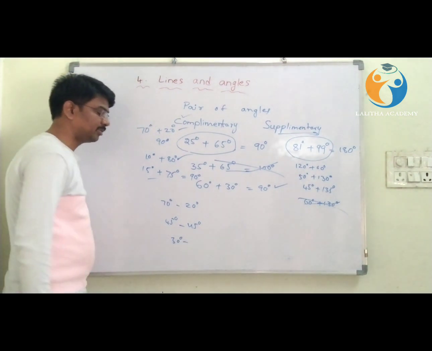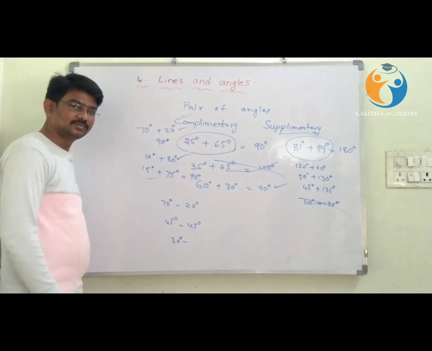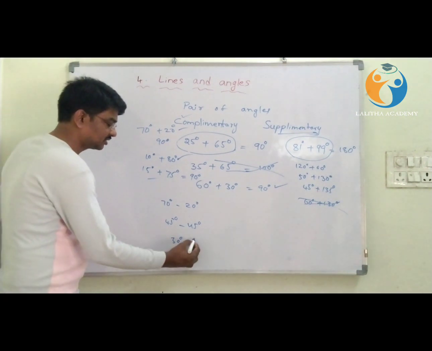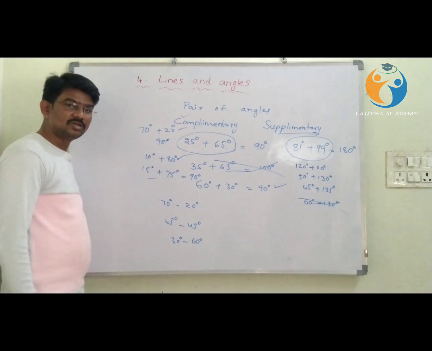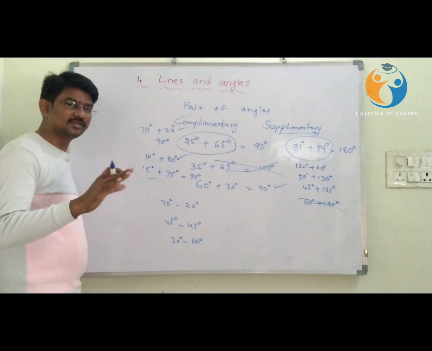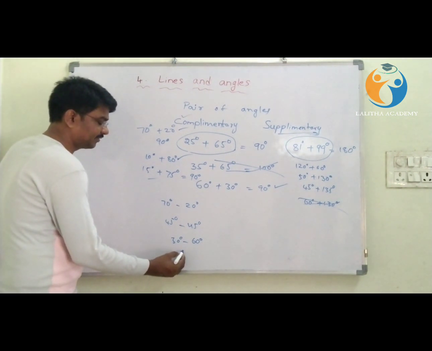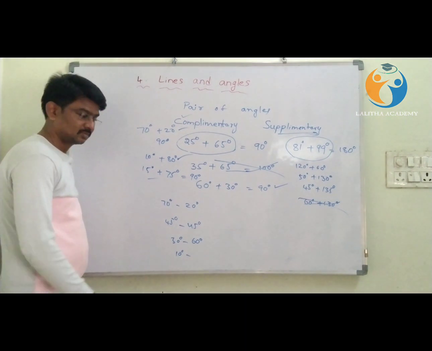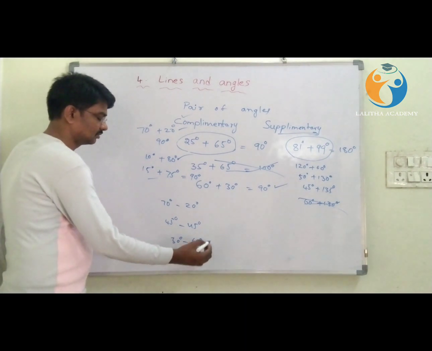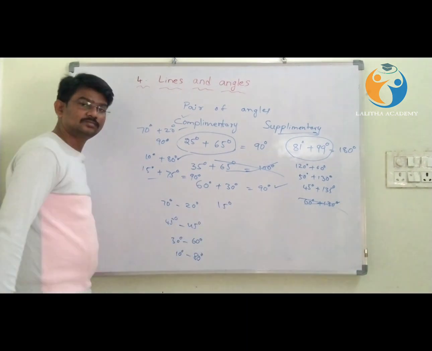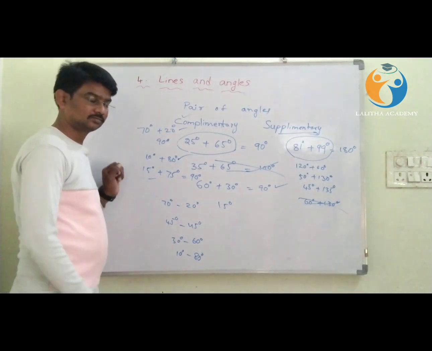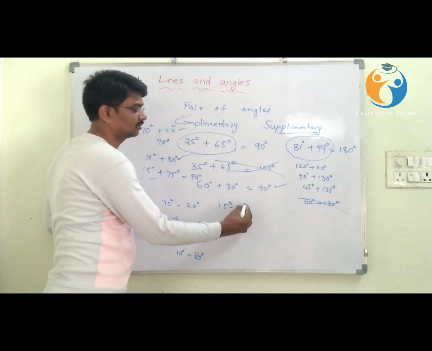What is the complementary angle for this? 60 degrees. 90 degrees should be the sum. 10 degrees given, 80 degrees. 15 degrees given, 75. Very good.